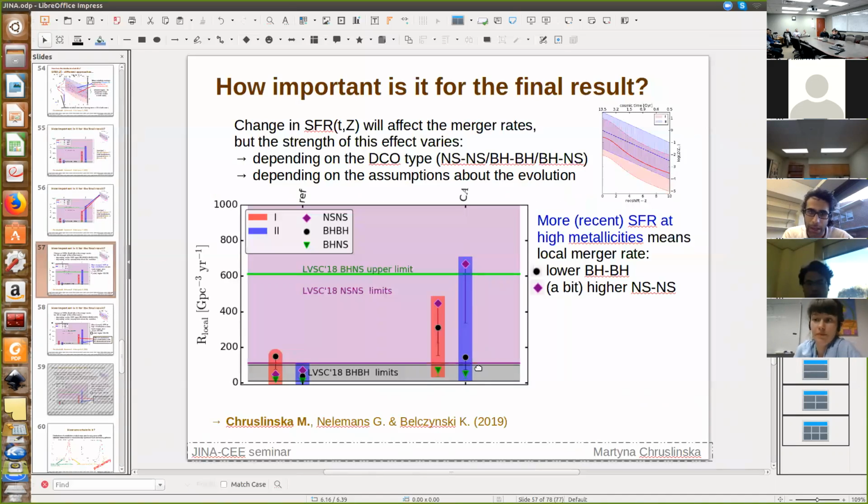Yes. And so for the black hole merger rate, it's better to be lower because it's closer to the limit? Yes, so current limits from gravitational waves for black holes are indicated in black.